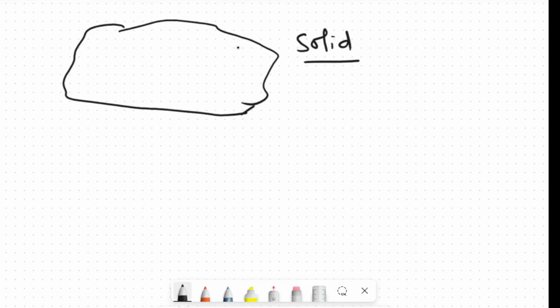In case of the solid body, we know that solid has a lattice structure. So solids have this kind of structure. The structure is purely orderly, having pure order.